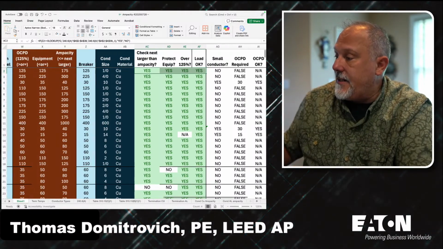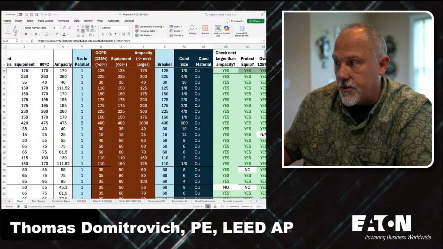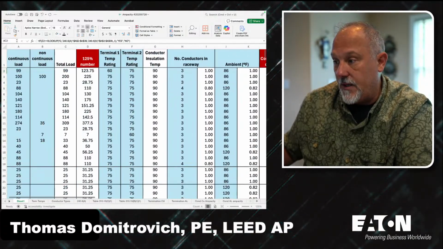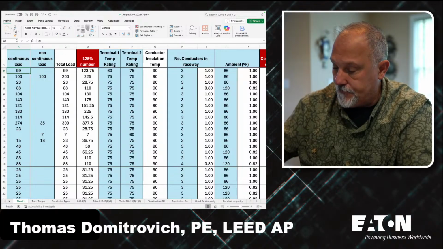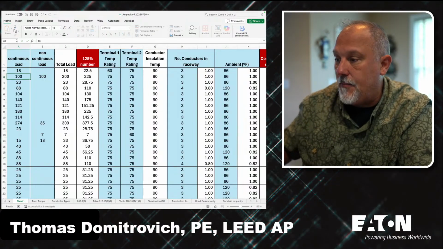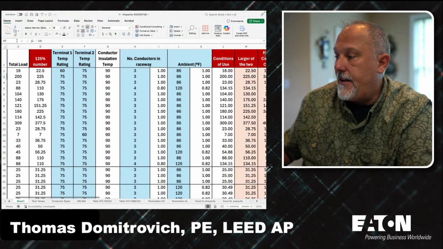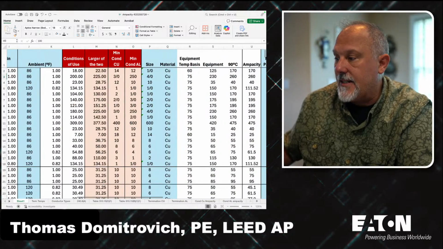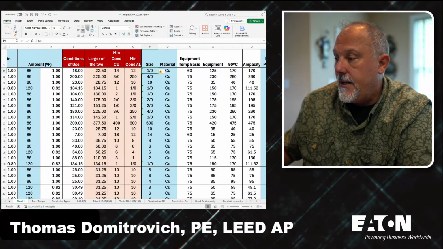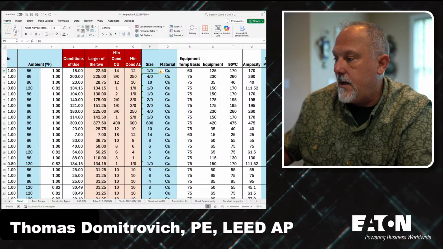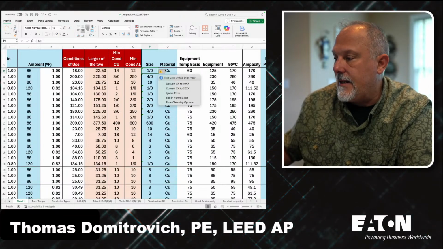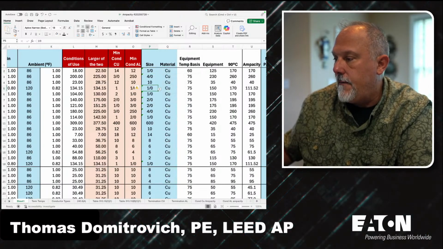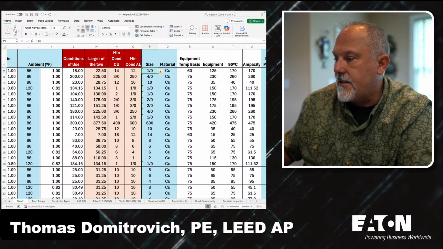Now, I did account for small conductors. So if I said, for example, this was an 18 amp load, and I said my minimum size conductor can be a 14, and I selected a conductor.